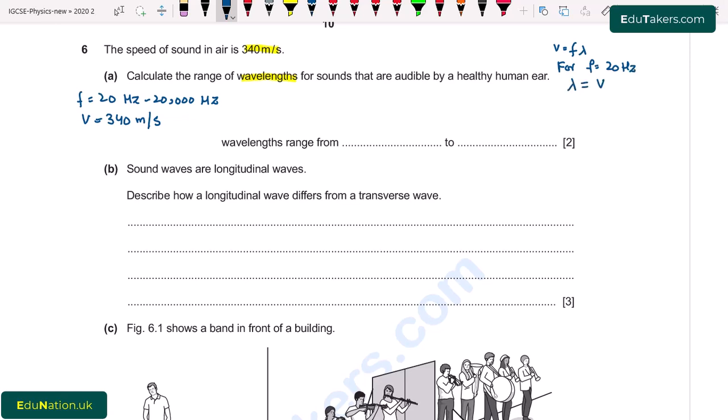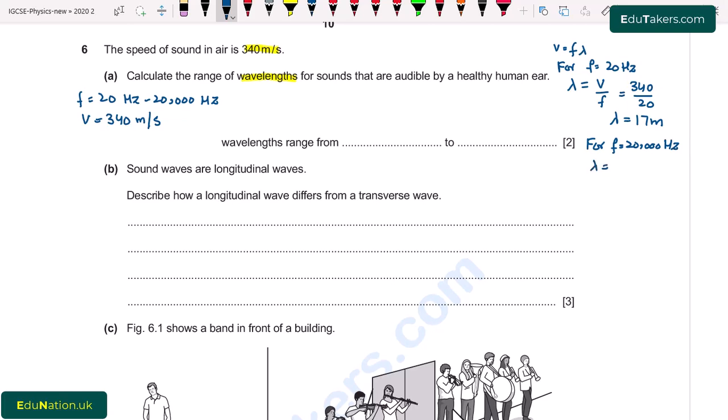It comes to be V over f. V is given 340 meter per second over 20. In this case, lambda comes to be 17 meters. Now I have to calculate the wavelength for f is equal to 20,000 Hz.